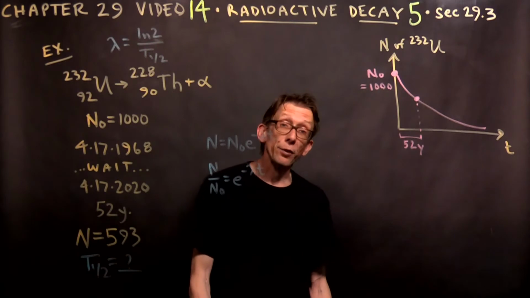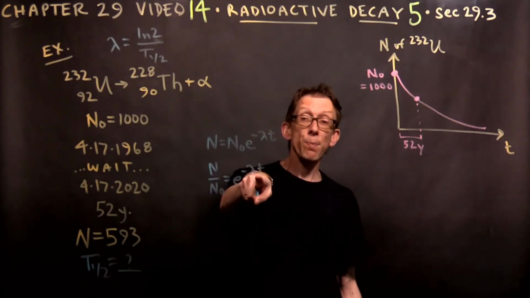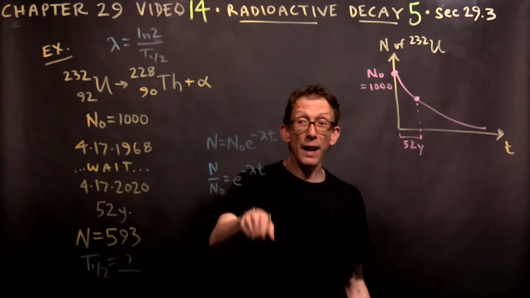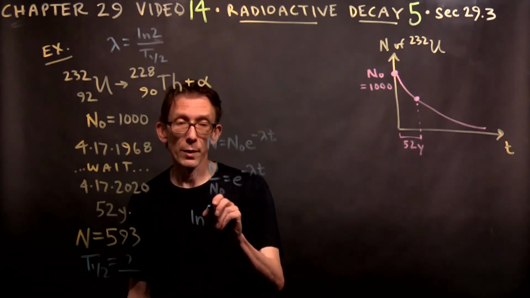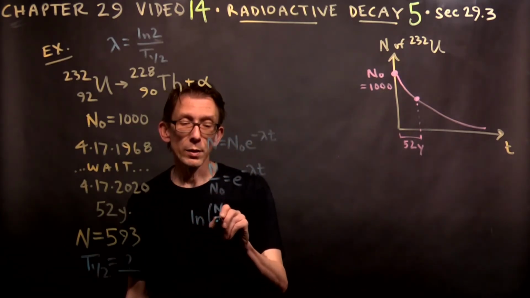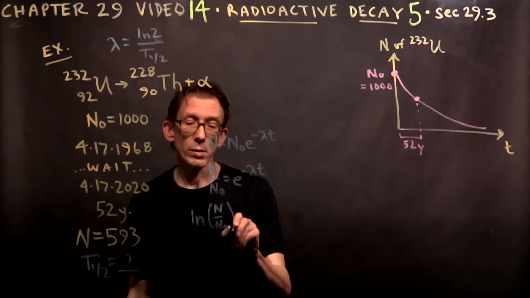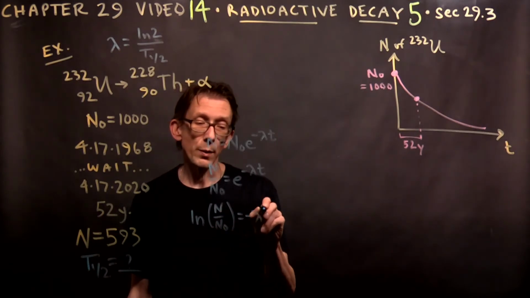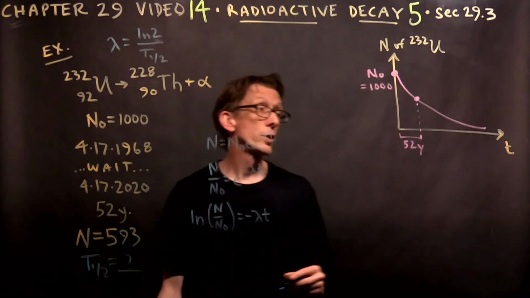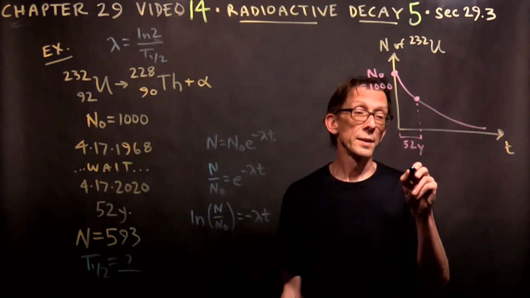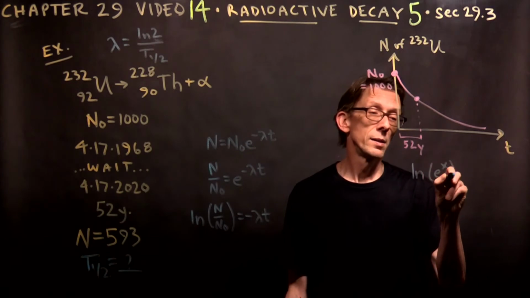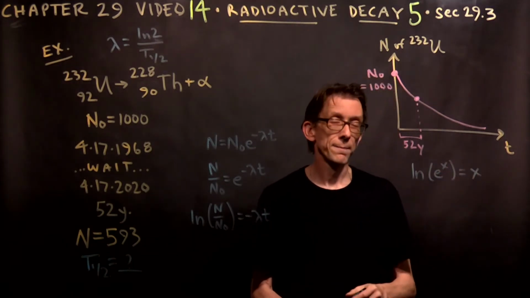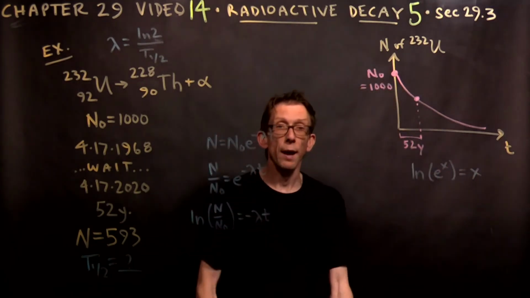Then we have to get this exponent down into the main part of the math. What we do there is take the natural log of both sides. So the natural log of N over N naught equals minus lambda t, because the natural log of e to the x is x. It brings the exponent down.